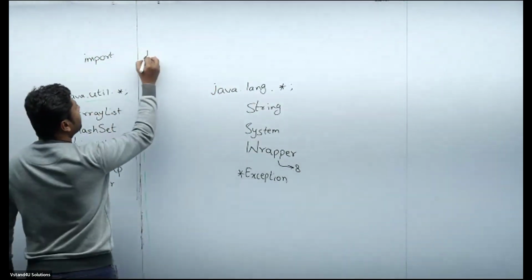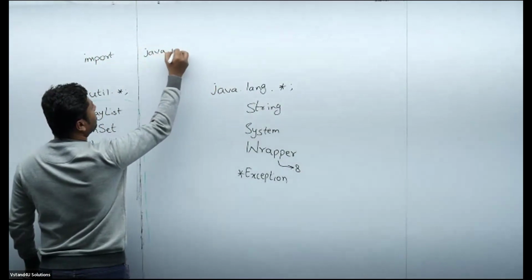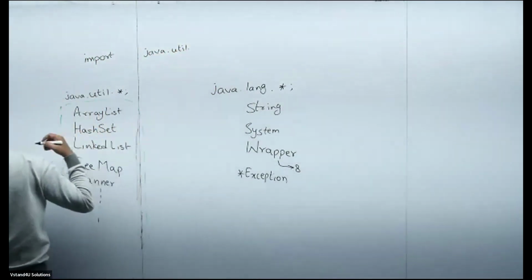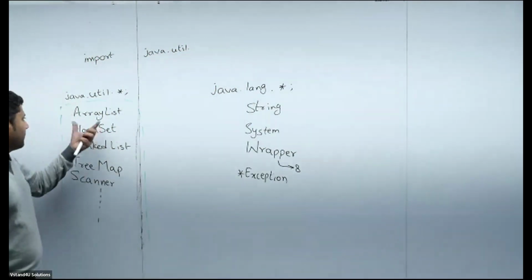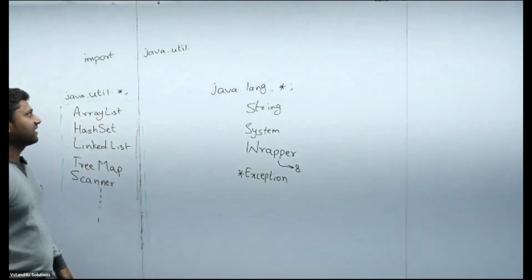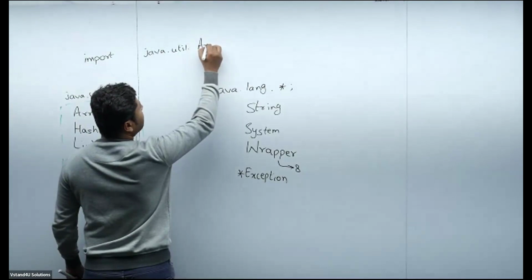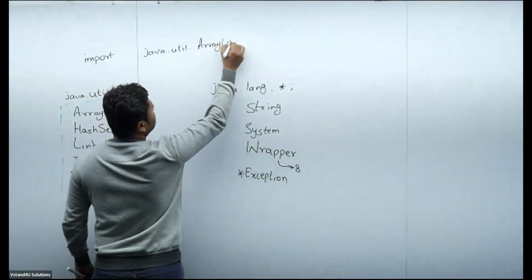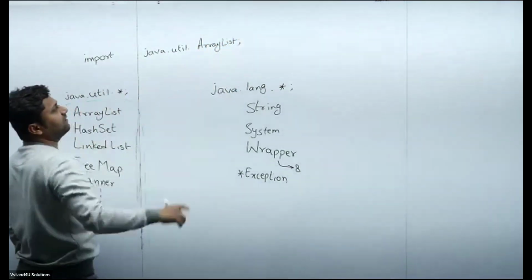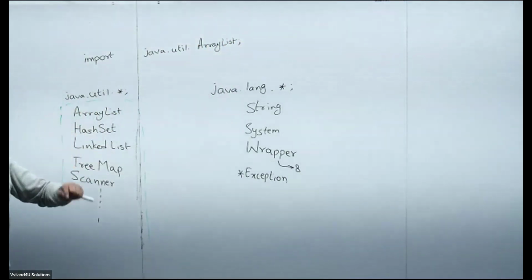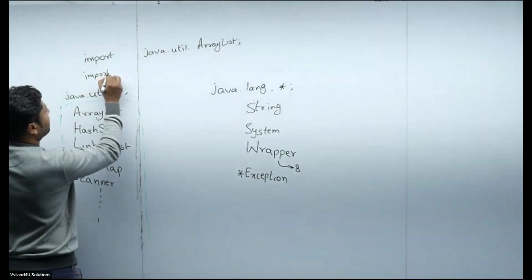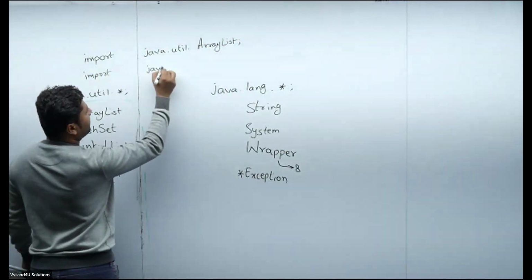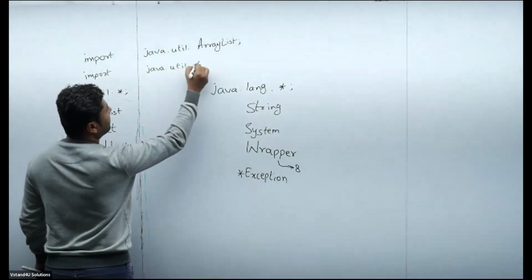Import java dot util dot, then the class name, whichever class you want, like ArrayList. Then inside your class you can make use of ArrayList. Or another way to write the same thing is import java dot util dot star.